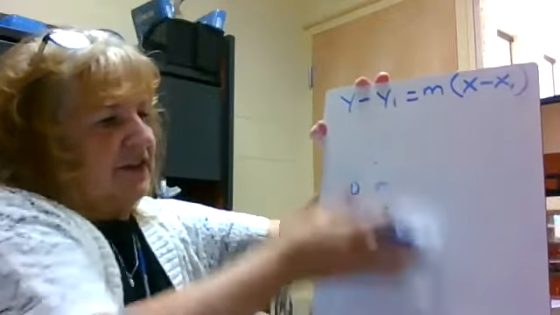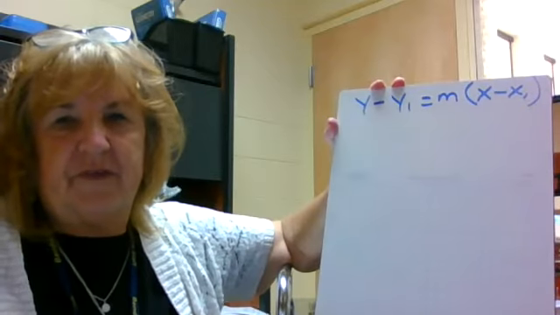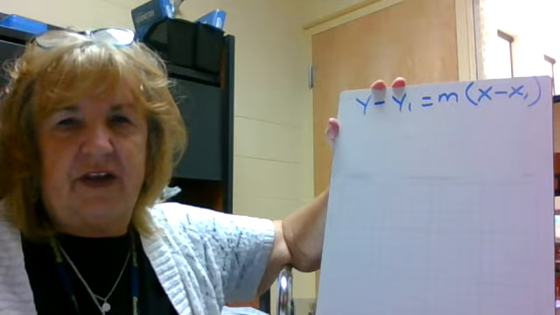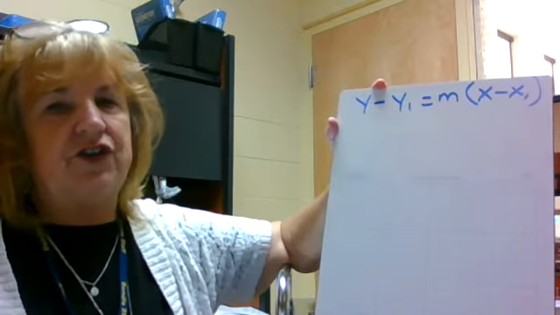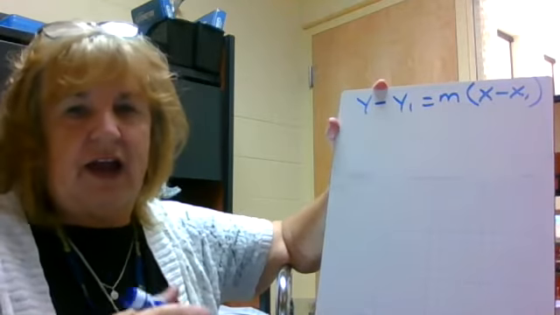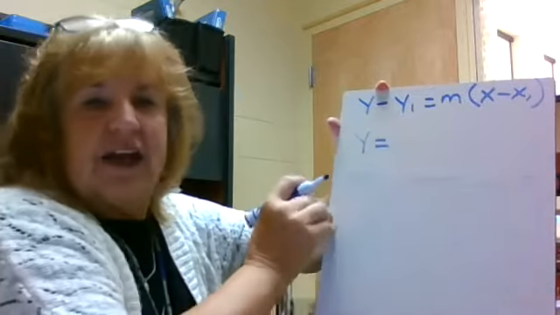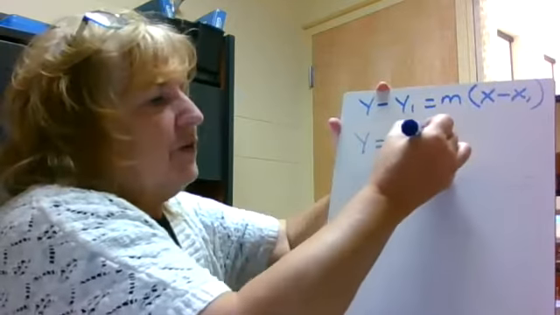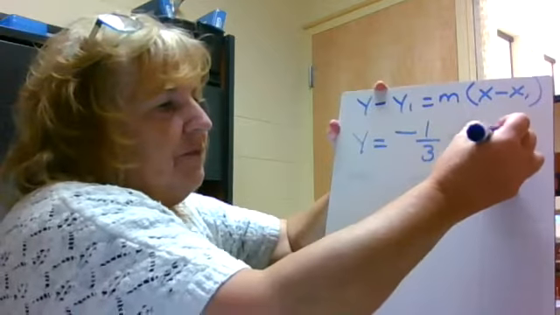Okay, practice number 3. Practice number 3 wants you to actually just show something. There's no equations. The first one is the line y equals negative 1/3 x plus 3.